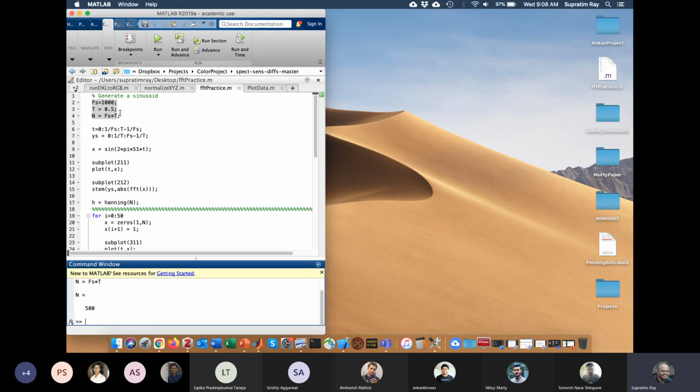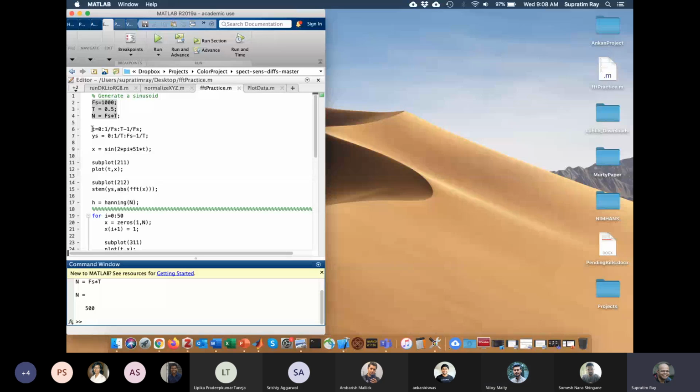So when I compute the FFT, what's going to be the frequency resolution? Frequency resolution is 1 by T, right? Very good. 1 by T. So it's going to be 2 hertz.